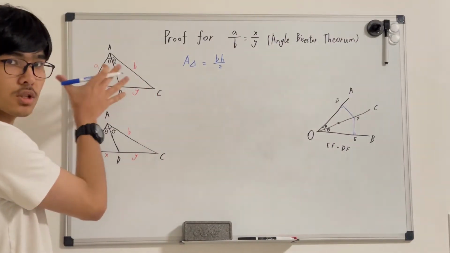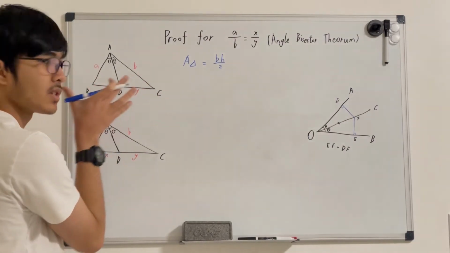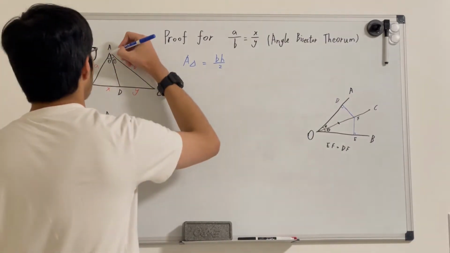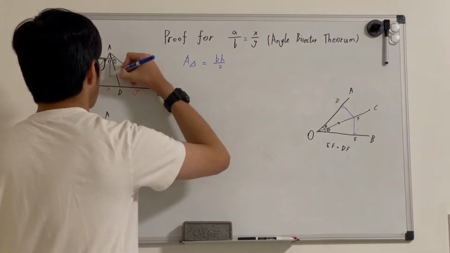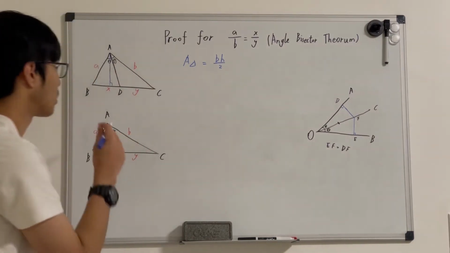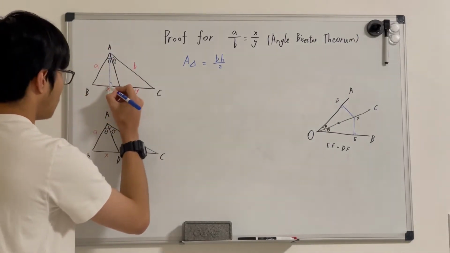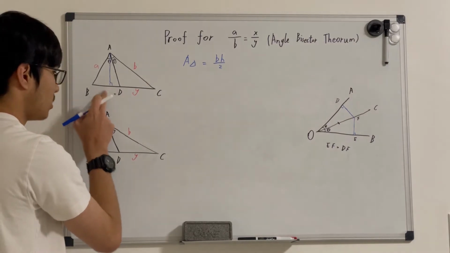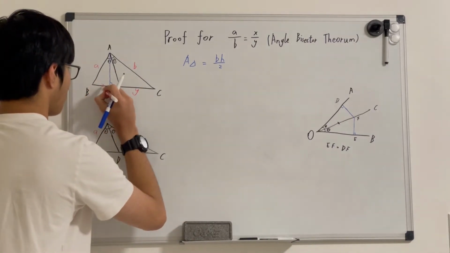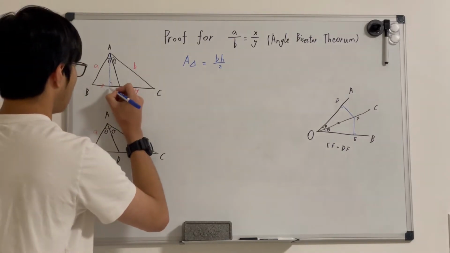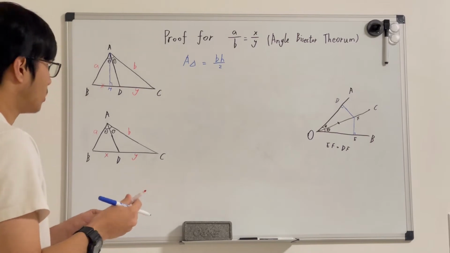So for this first diagram, I'm going to draw a height on side BC. Just a second. There we go. And I'm going to name this point H because it's the height.